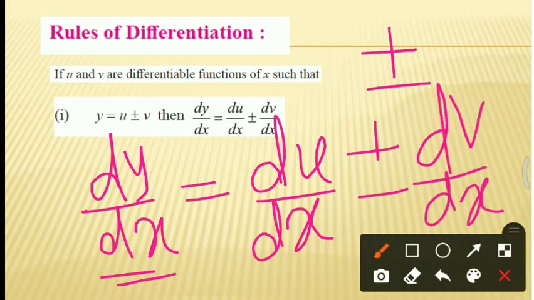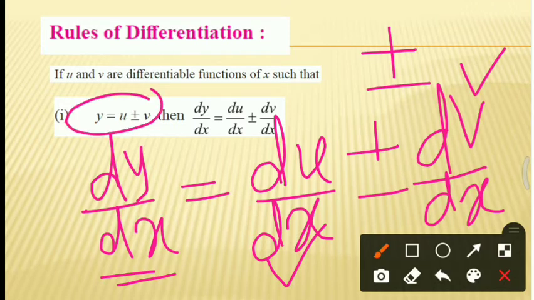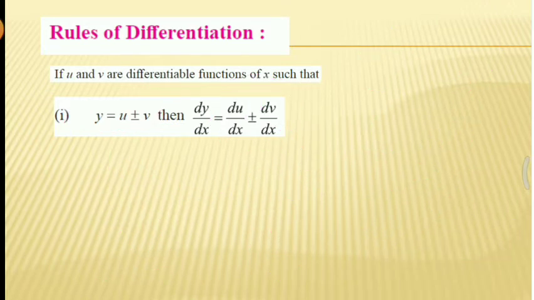Here du by dx and dv by dx are the derivatives of u and v respectively, and as y is expressed as addition or subtraction of two functions, y is equal to u plus v or u minus v, dy by dx can be written as the addition or subtraction of two derivatives, that is the derivative of u and the derivative of v. So this is the derivative of a sum and a subtraction. It is the rule for summation or subtraction.